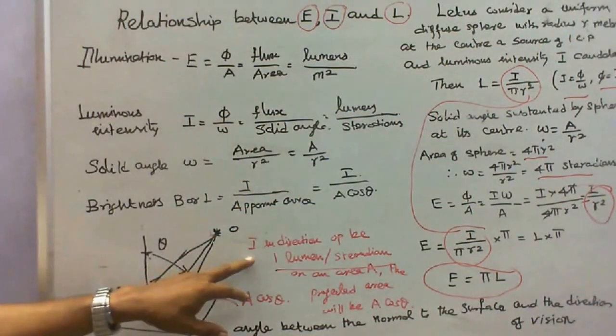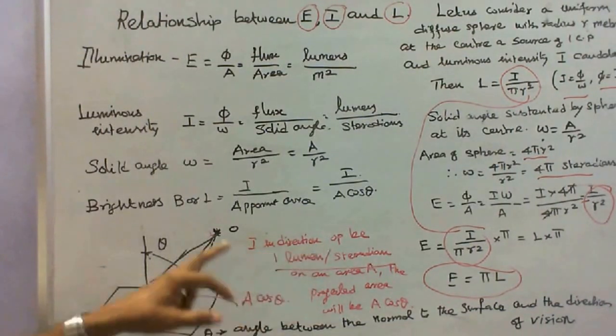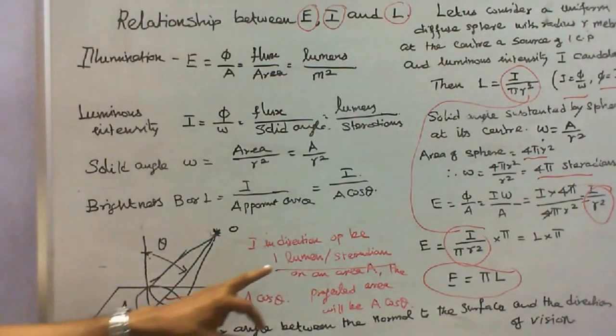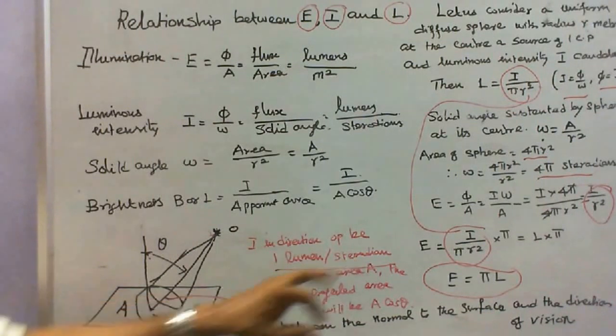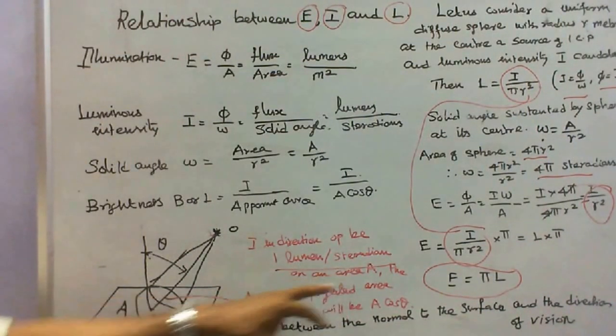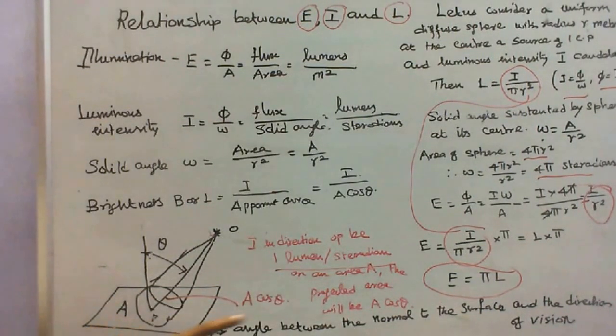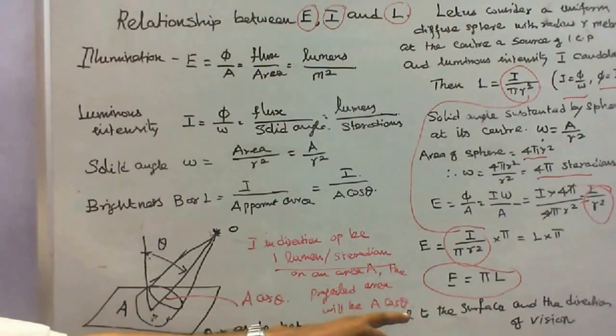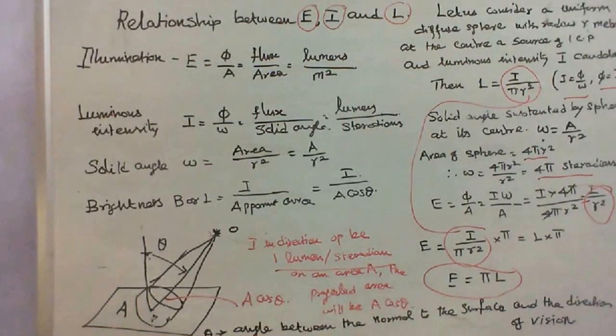Let I, luminous intensity in direction OP, this is OP, be 1 lumen per steradian on an area A. The projected area will be A cos theta. That is horizontal component, A cos theta, where theta is the angle between normal to the surface and the direction of vision.